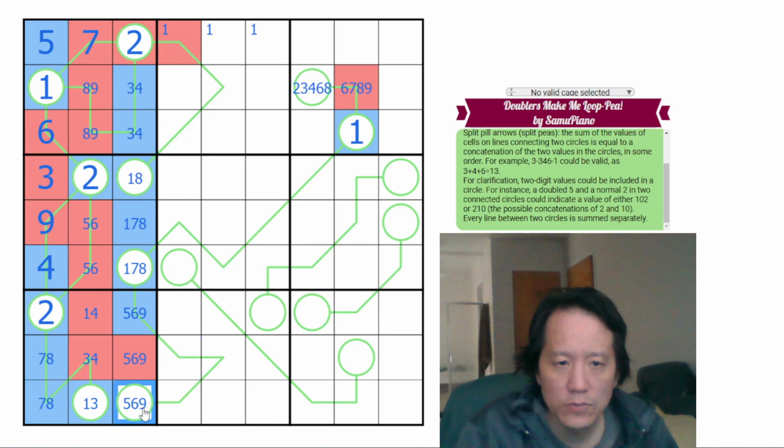Oh, this can't be doubled. If this is doubled, it becomes 101 at least. And this is definitely not adding up to a 3-digit number. So this cannot be doubled. So we know that's not doubled, but this then has to be doubled.